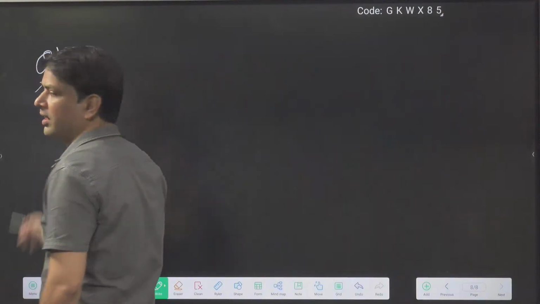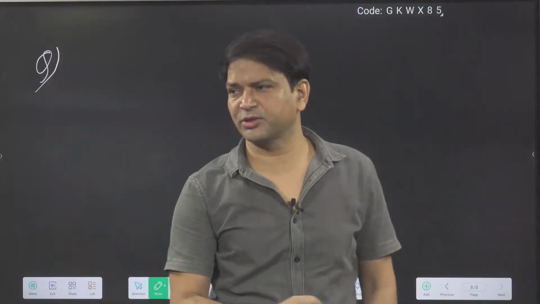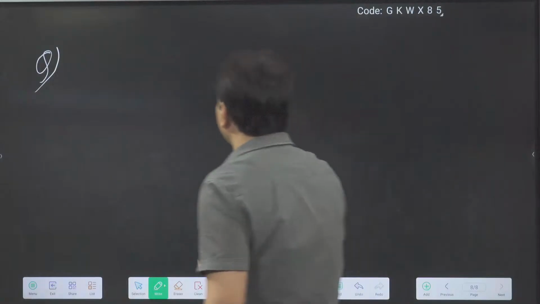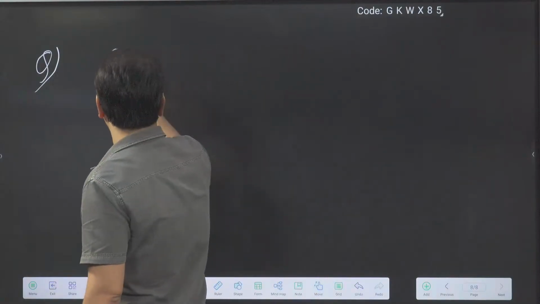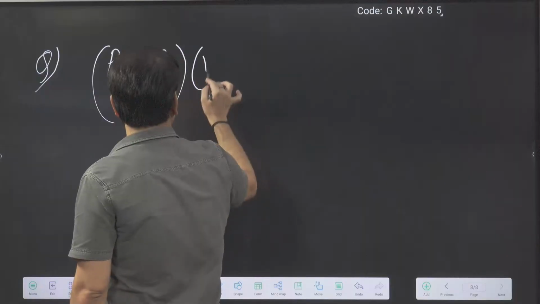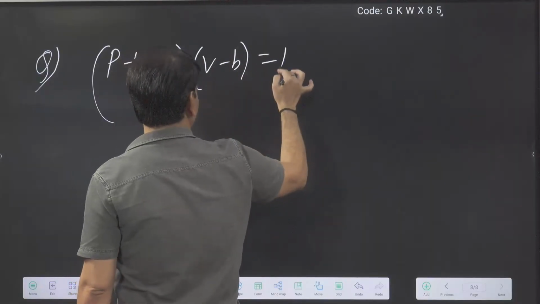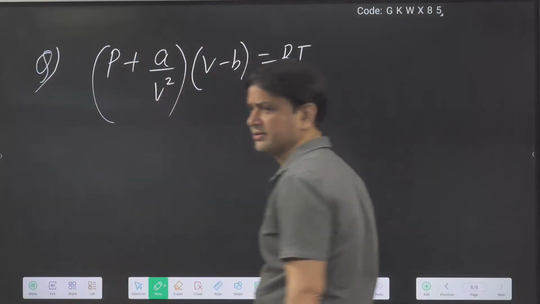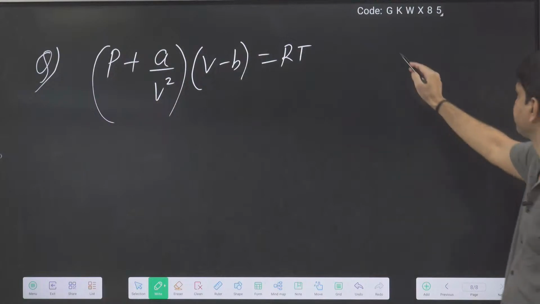Everybody knows the real gas equation in chemistry. You learned the van der Waals equation. Suppose for 1 mole I am writing P plus A by V square, into V minus B, is equal to RT. This is the van der Waals equation.